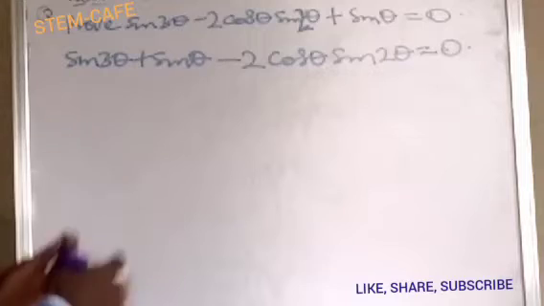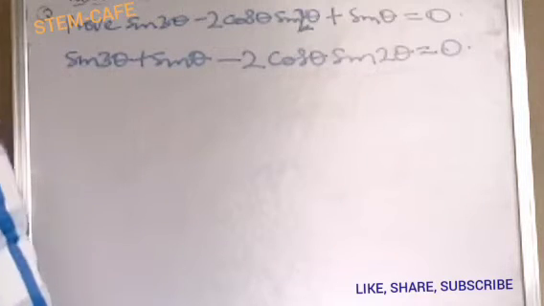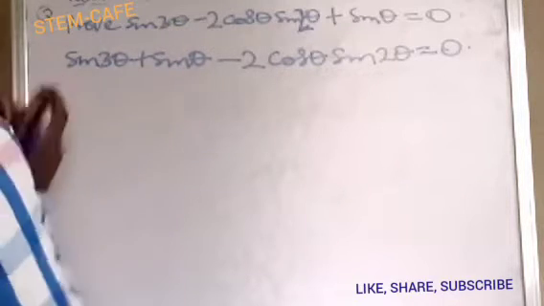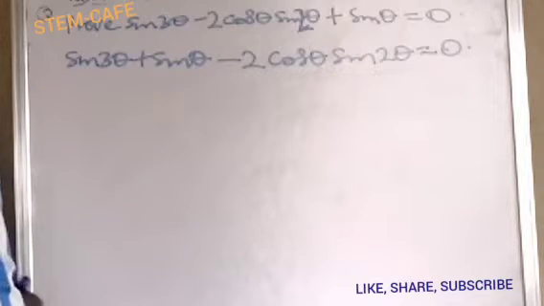We have from our identities the sum of different angles.